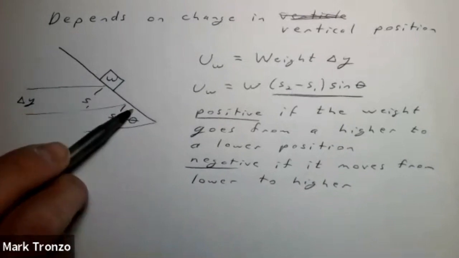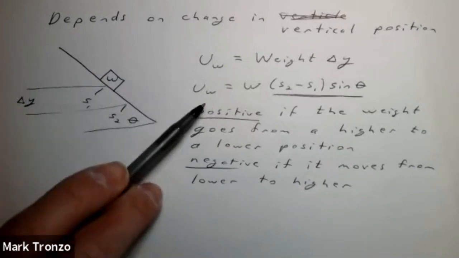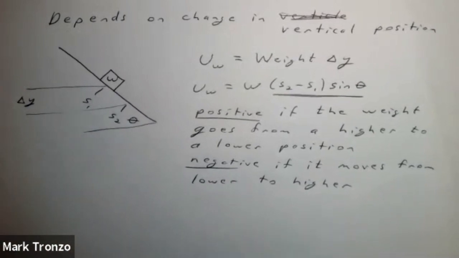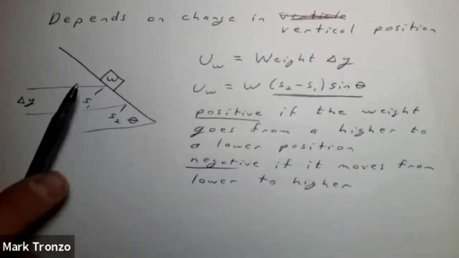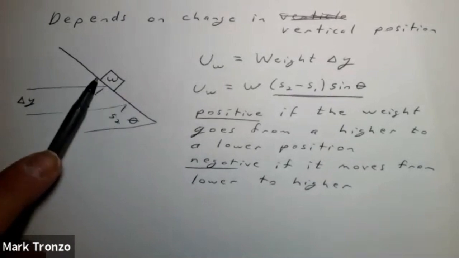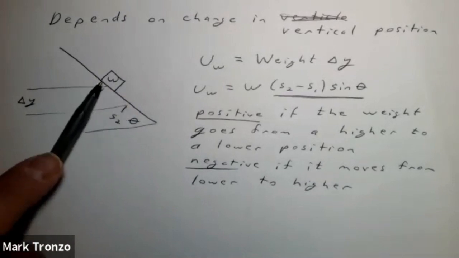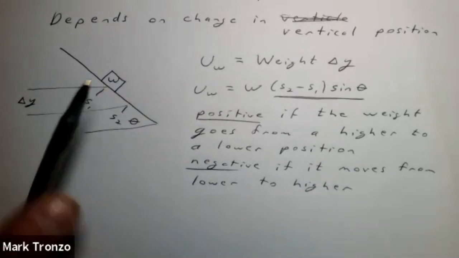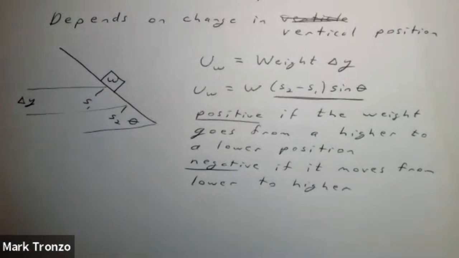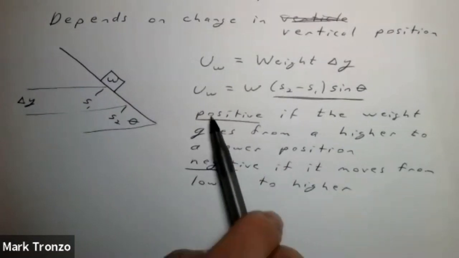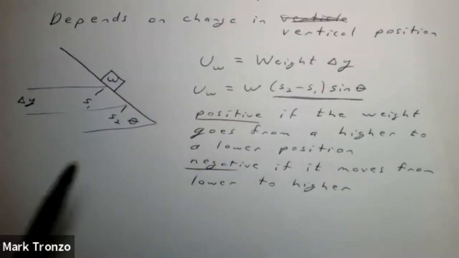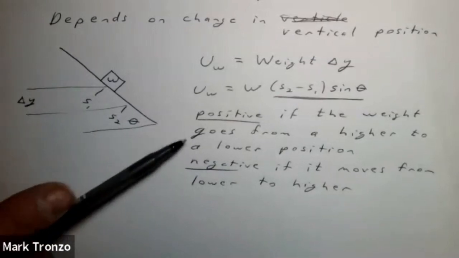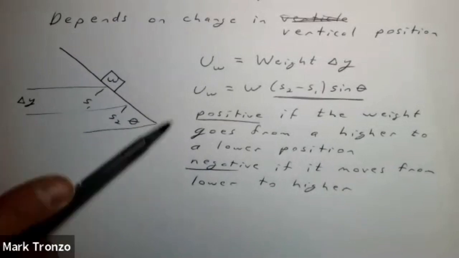So if it goes down, the work is going to be positive. Maybe you can think of this logically: it's going down, so it's easy for it to go down, but you have to put work into it to push it up. Later when we do potential energy, these signs are going to be opposites. You have to remember the context. But for work of a weight right now, it's positive if it goes down, negative if it goes up.